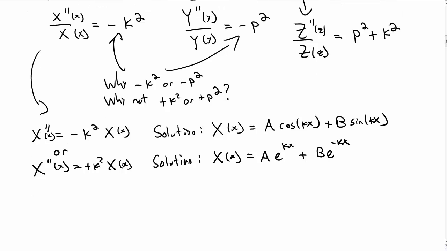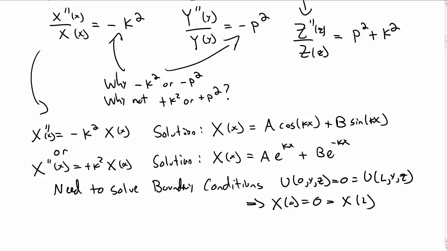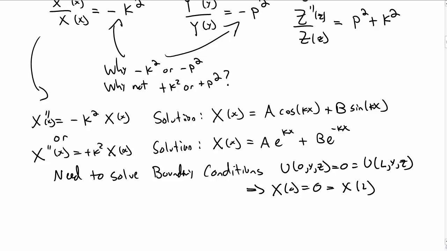In this case, then, what we need to do is think about our boundary conditions. So we need to choose the constant that will allow us to solve the boundary conditions. If you recall, our boundary conditions were that at x equal to 0 and x equal to L, our function u must be equal to 0. But that says that big X must be 0 at 0 and L. And if you think about that, that's impossible to solve with the sum of exponentials.